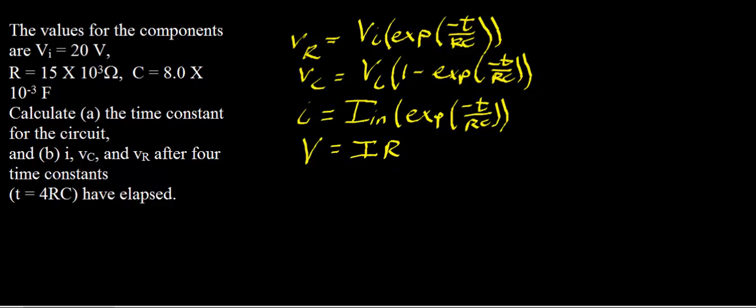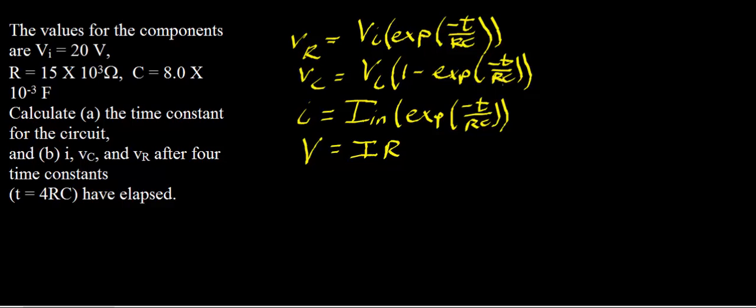We're going to use these formulas that are right here to do that, but we're going to do it where time is equal to 4 time constants. What that means is that 4 time constants have elapsed since we started. So time is equal to 4 RC.